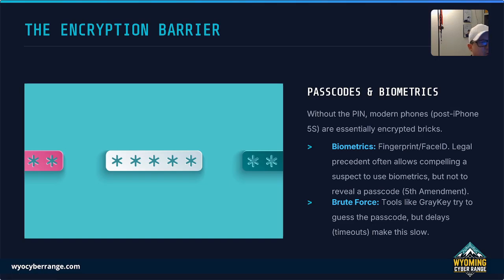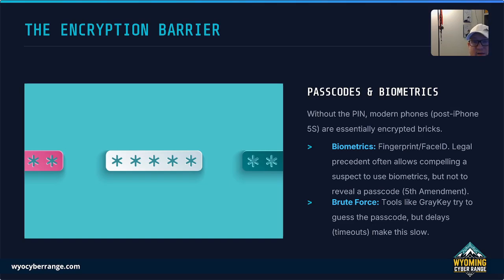Now, the biggest hurdle we're going to get is the encryption barrier. We do need a couple of things. For one, we may need to know the passcodes, because without a modern pen, phones from the iPhone 5S and up are essentially going to be encrypted bricks. Okay.